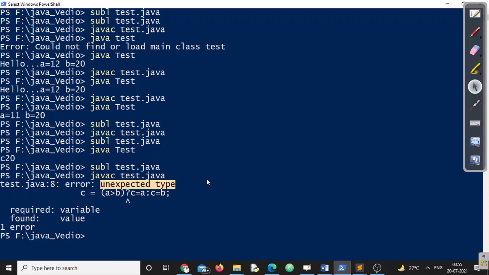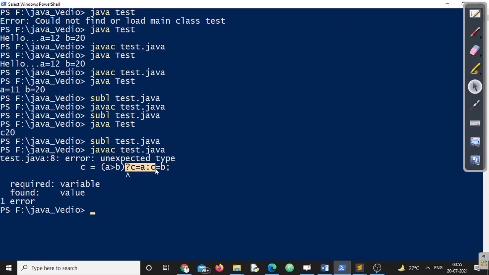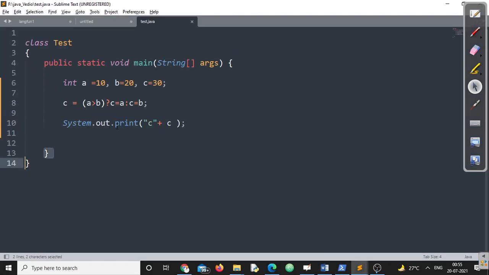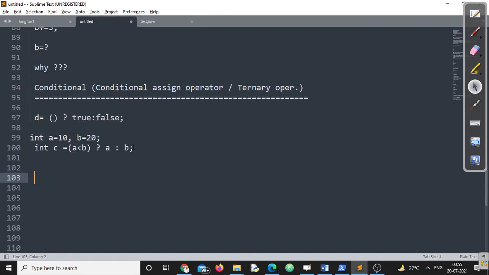So what we cannot do, we cannot use assignment operators here in both the cases, in question mark followed by colon. Make sure you are not using any kind of statement like this. It is a wrong way to use this ternary operator. This is one of the things you should be aware of. Otherwise, 100% you will get an error for that. Right? So this is all about your ternary operator.